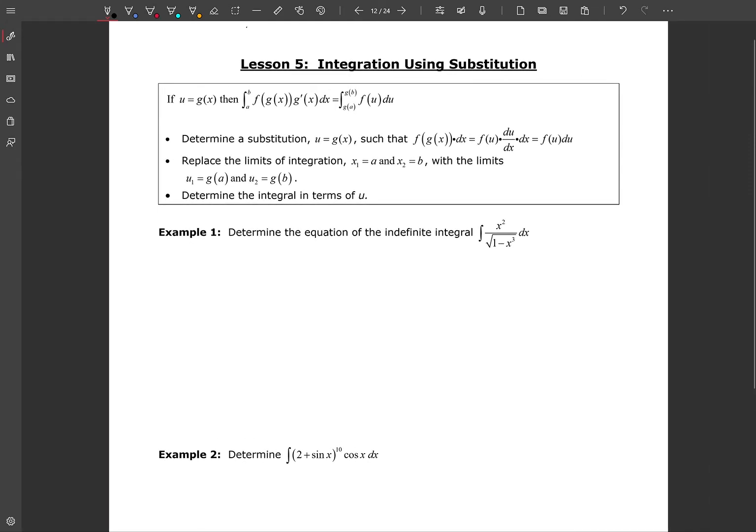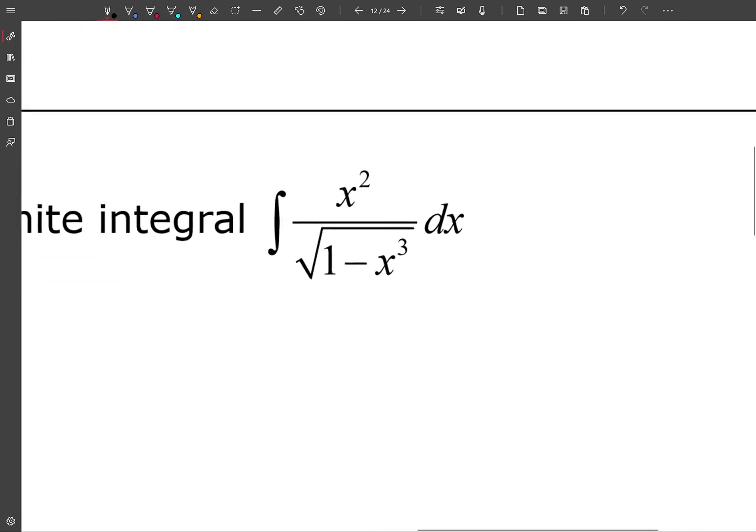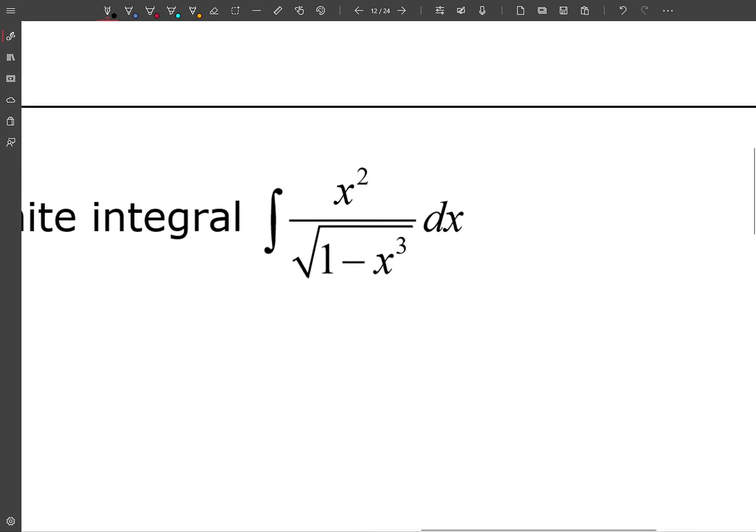So what I want to do is try and simplify this function to something a little less complex using substitution, as we have often done in the past for derivatives. The hardest part I find with substitution is choosing what your substitution is going to be. A really common thing is that people will say, oh, let's set u equal to x squared over the square root of 1 minus x cubed.